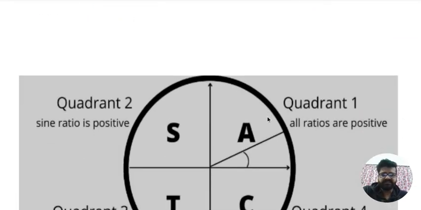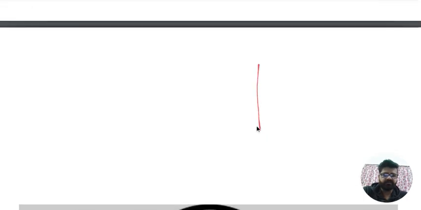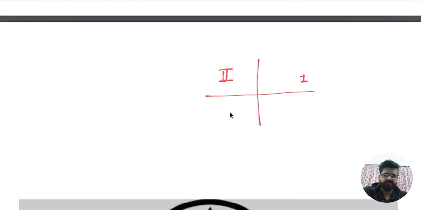As you can see, the quadrant, there are 4 quadrants, and you have to understand this. This is first quadrant, this is our second quadrant, this is our third quadrant, and this is our fourth quadrant.